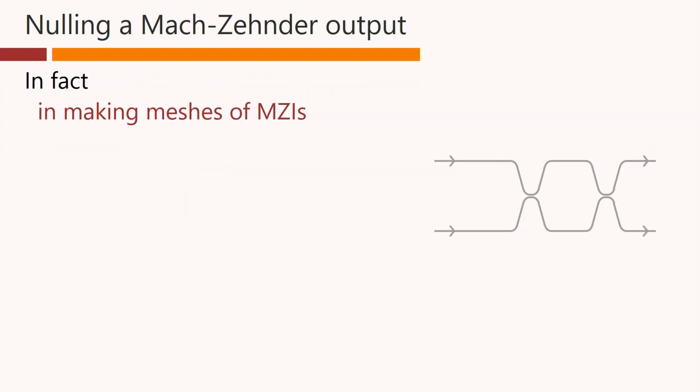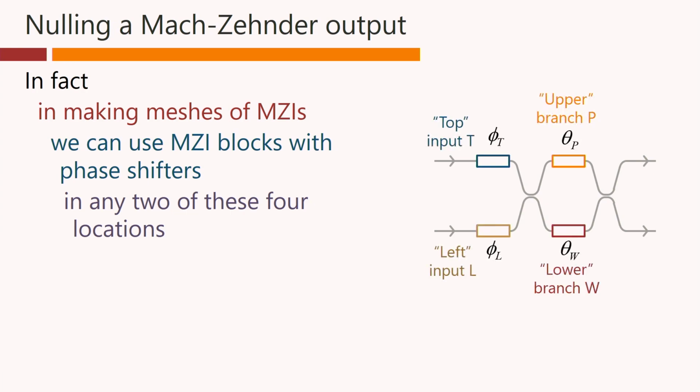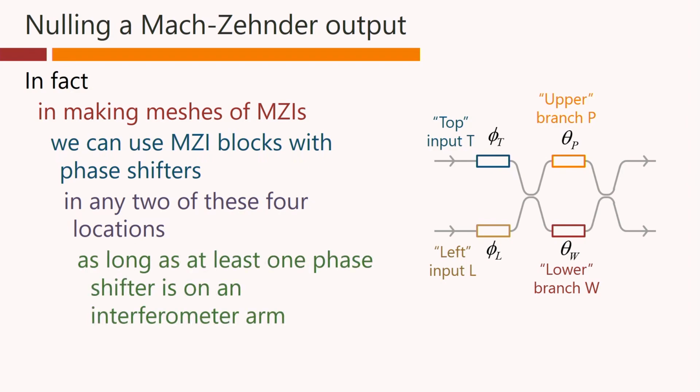In fact, in making meshes of Mach-Zehnders, we can use Mach-Zehnder blocks with phase shifters in any two of these four locations, as long as at least one phase shifter is on an interferometer arm. It is incidentally possible to do this using both phase shifters being on interferometer arms. The algorithm is slightly different then, but this still works.